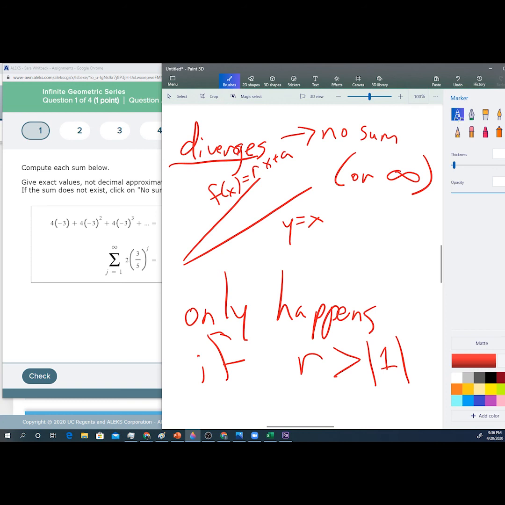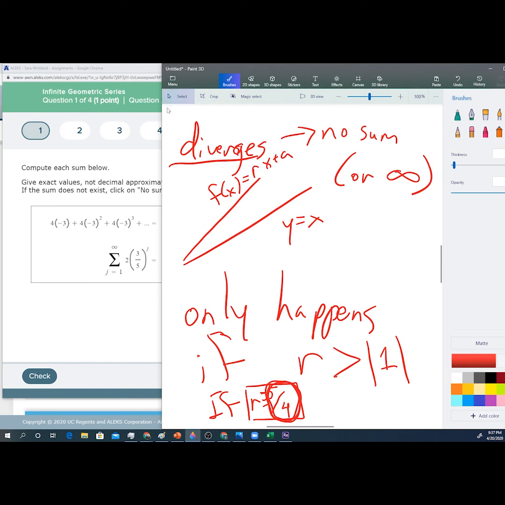Let's say that your r is negative 5 over 4. If I left it just as r is greater than 1, then it would sound like this would work, but the truth is, because the absolute value is greater than 1 here, it is a sum that will not work.